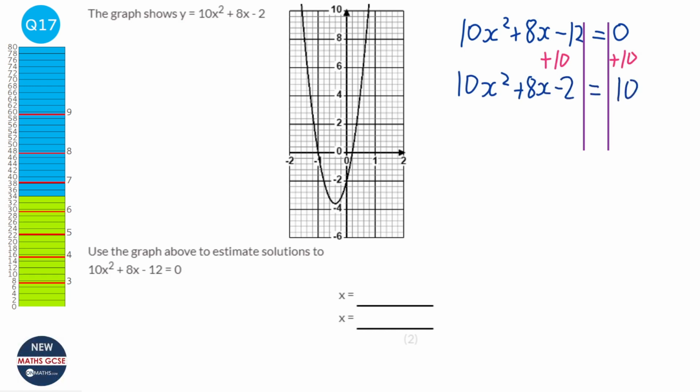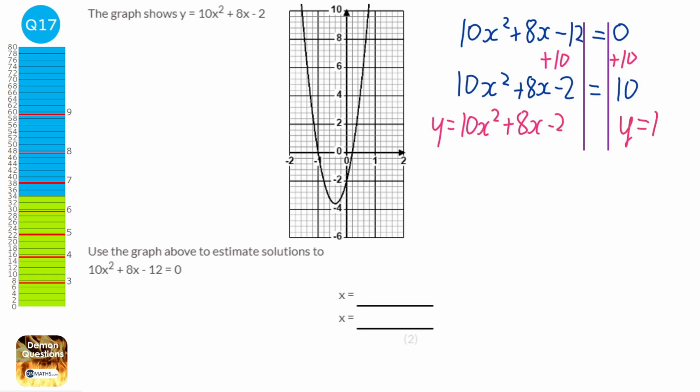Now, we've already got this line drawn for us on this graph. And so all we need to do is draw this line. So we've got y equals 10x squared plus 8x minus 2 drawn for us. We just need to draw this line, which is y equals 10, and see where they cross over to find the solutions. So y equals 10 will be all the way up at the top. Let's just make sure I get it nice.